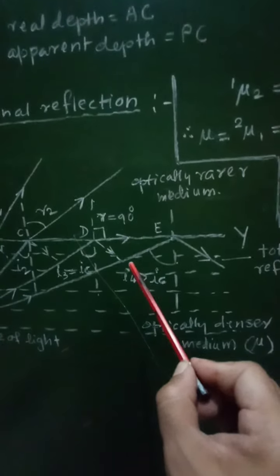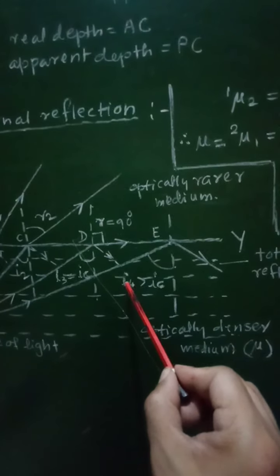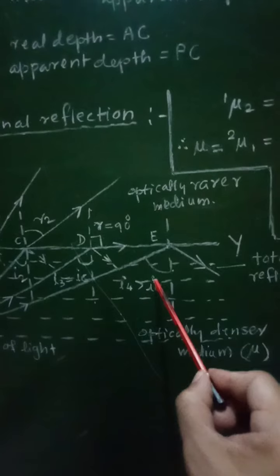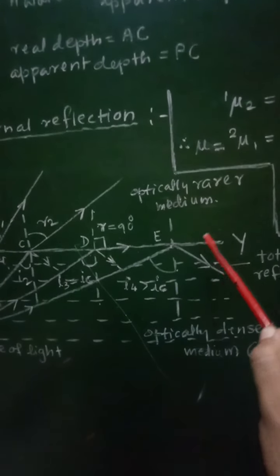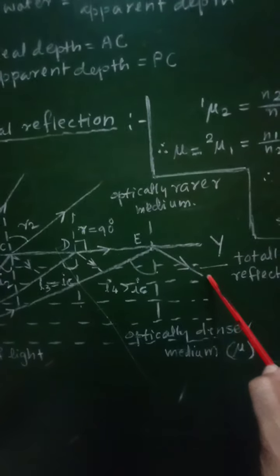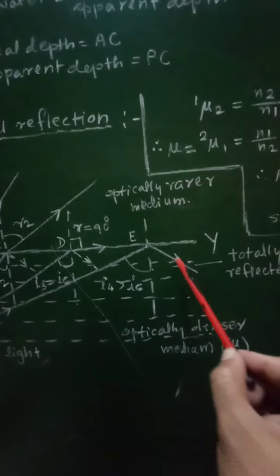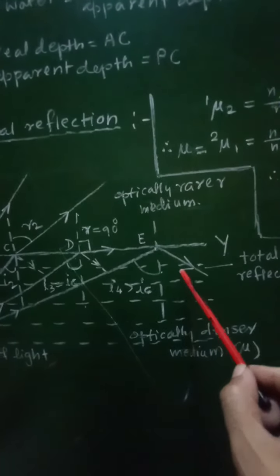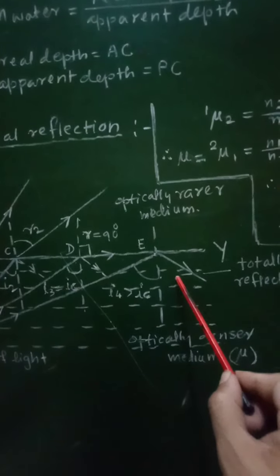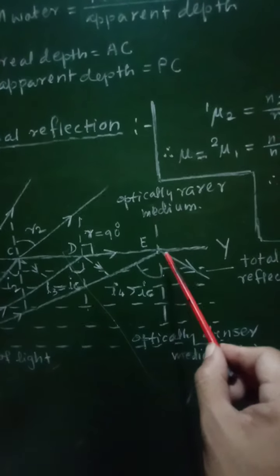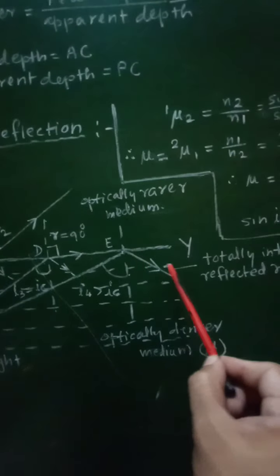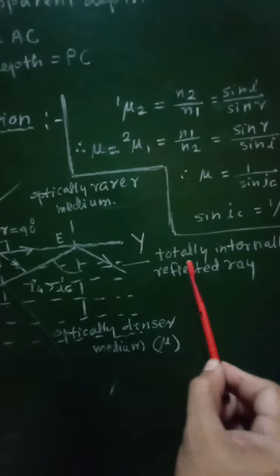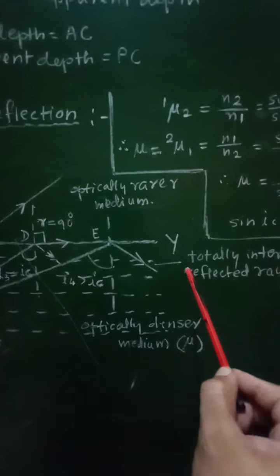Therefore if the angle of incidence, that is I4, is greater than this critical angle IC, instead of refracting, that ray of light will be totally internally reflected in the same medium, that is the denser medium, following all the laws of reflection. This phenomenon gives rise to total internal reflection. This ray of light is the totally internally reflected ray.